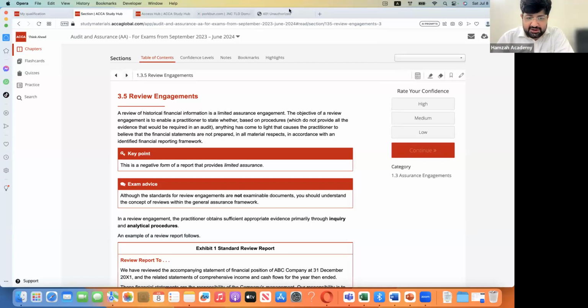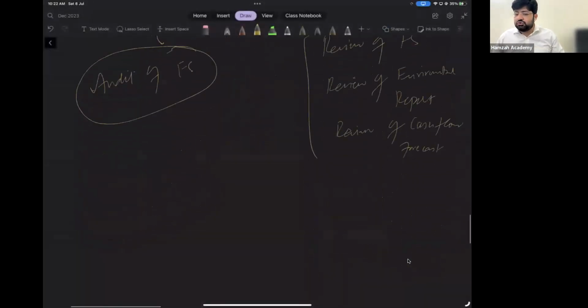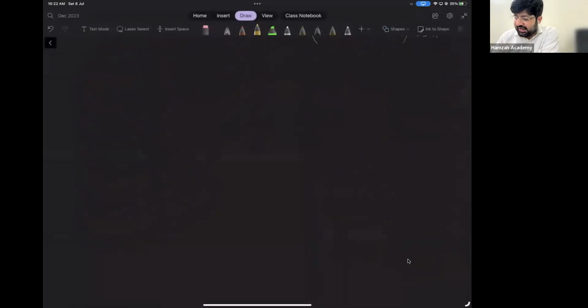Now, let us talk about materiality a bit. So the concept of materiality.